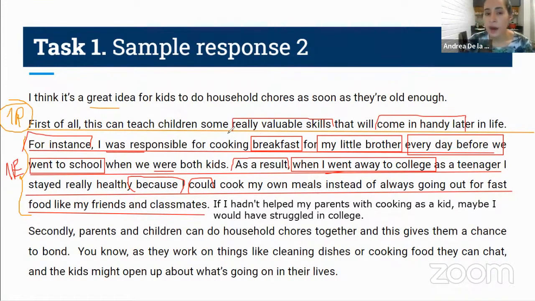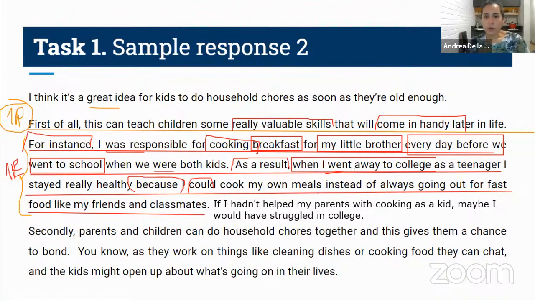So he is showing how when he was a kid, he learned a valuable skill, which was cooking, that later helped him in college, right? To eat healthy food. So as you can see, everything's connected, everything's clear, it's detailed, and that's how you get a good score, not really having so much information, but having the necessary information.